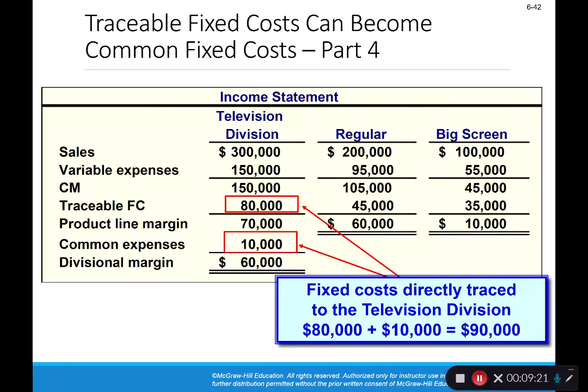So his salary is not going to be eliminated if we get rid of regular TVs or big screen TVs. So that's a common fixed cost to just the television division overall. So the point again is that fixed costs can be traceable or common depending on the segment or component of the business you're relating it to.